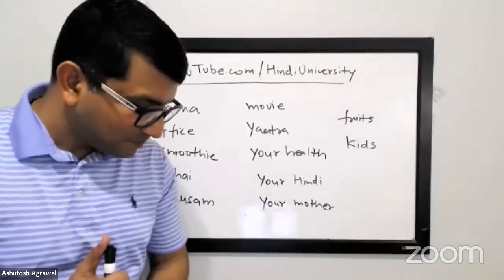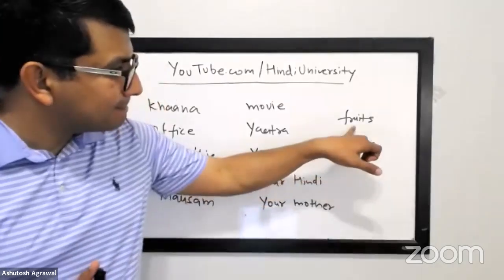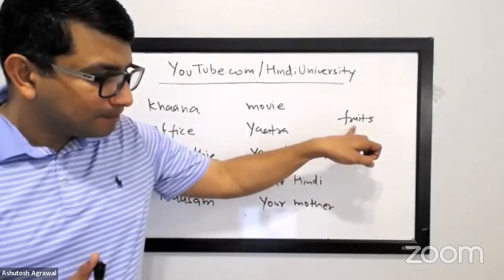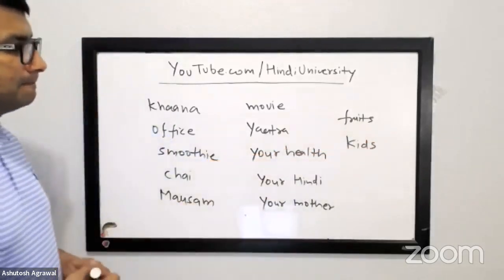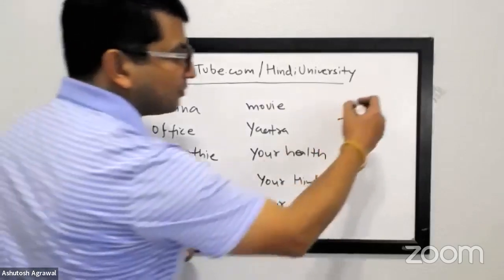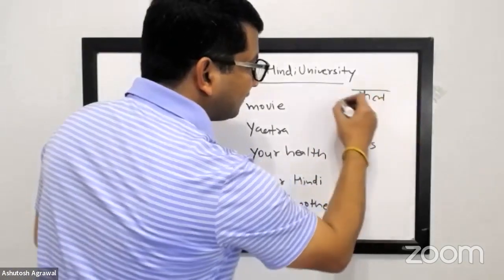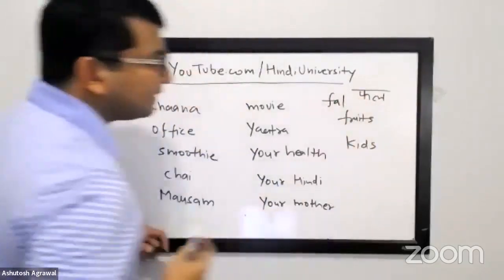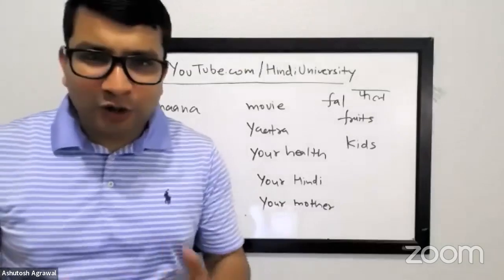Let's take fruits, I guess. फल कैसे है? Very good. So fruits is nothing but फल, and you will say फल कैसे है? Very good. How are the fruits?